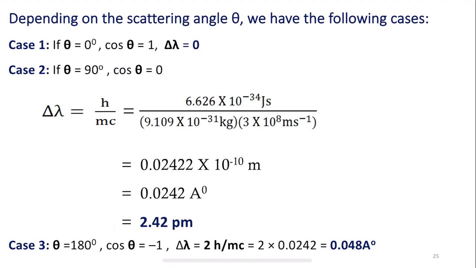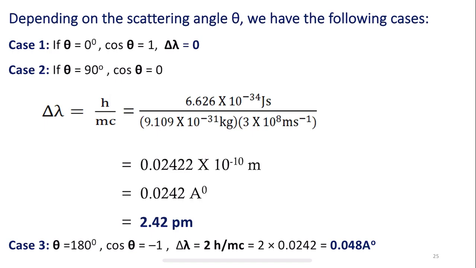Suppose the third case explains that if theta is equal to 180 degrees, then cos theta will be equal to minus 1. So minus 1 means what? 1 minus, in the bracket again minus 1, so that gives the value of 2. So delta lambda, or the change in wavelength, is equal to 2 into h divided by mc.